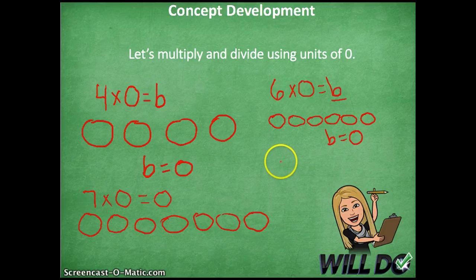What about this one? 0 groups times 0 equals B. 0 groups, I can't draw any. With the 0 in each group, I still can't draw any. So B represents, you got it, 0.